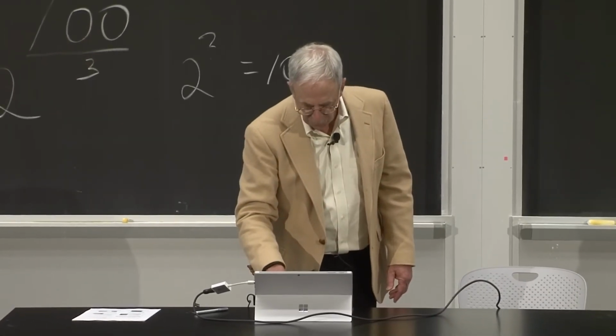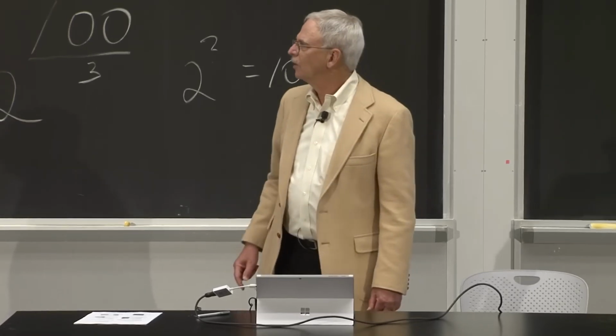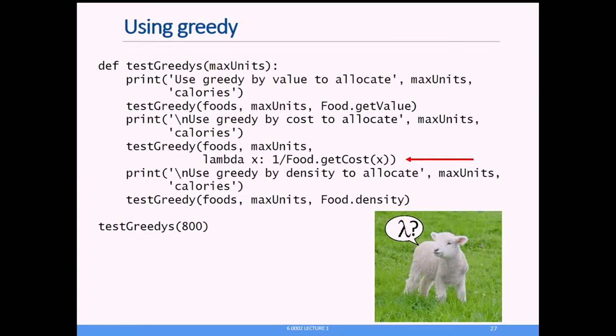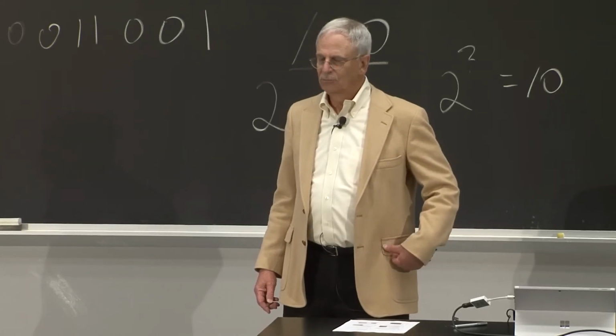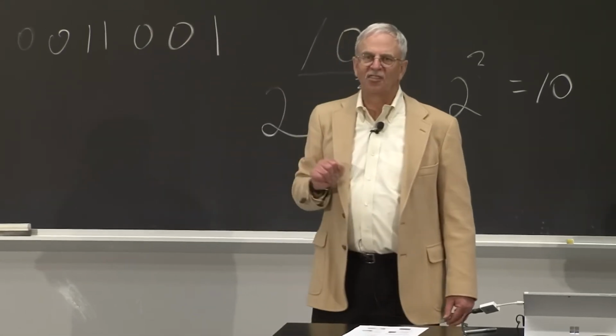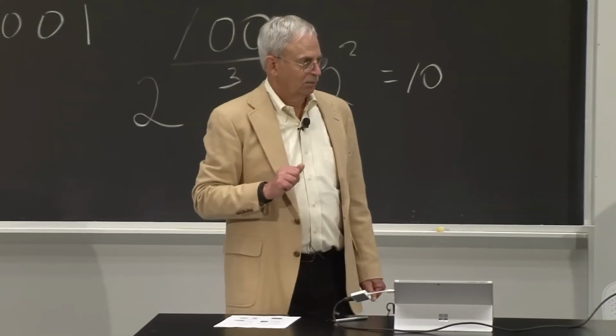If we go back to it here, you can see that what I've done is lambda x, 1 divided by food.getCost of x. Notice food is the class name here.